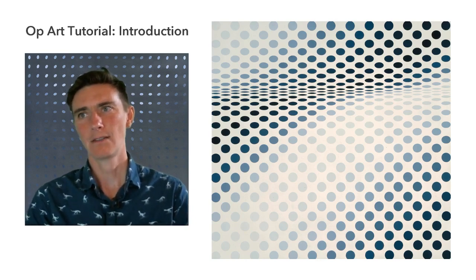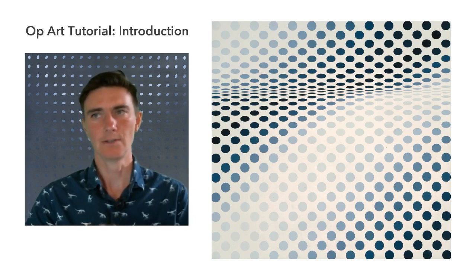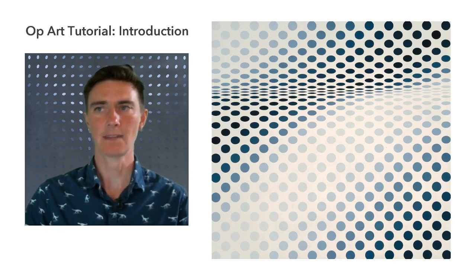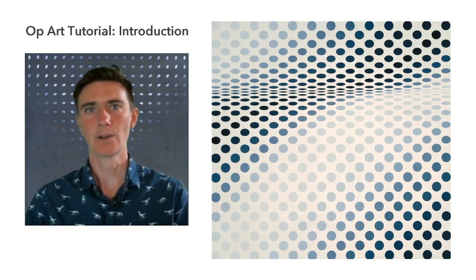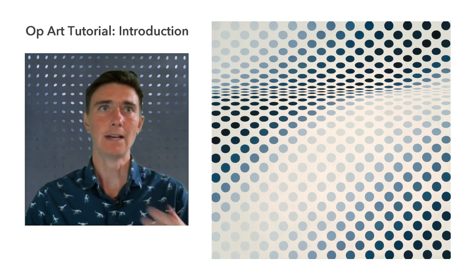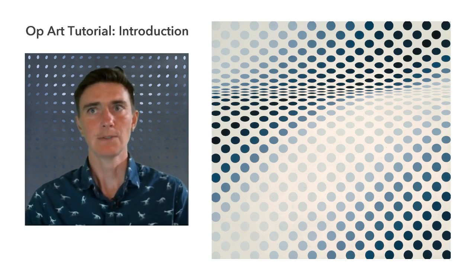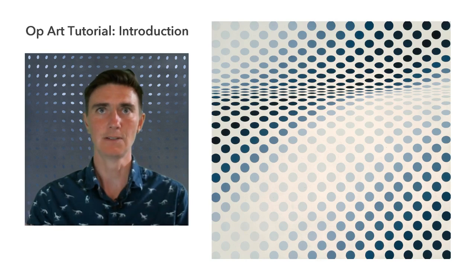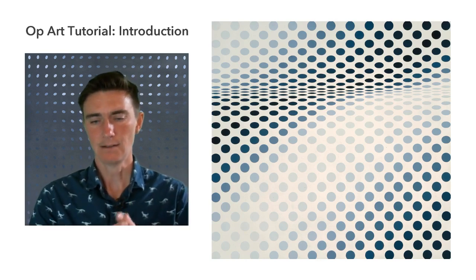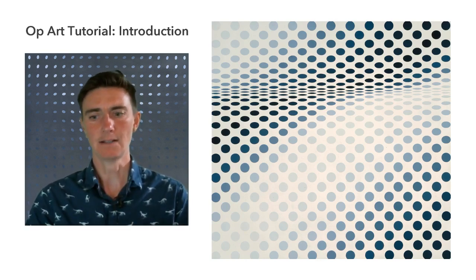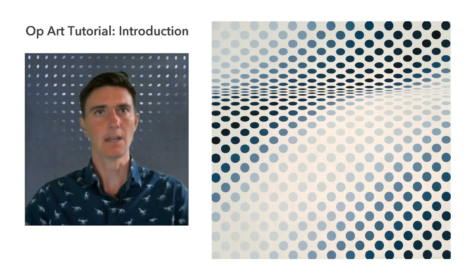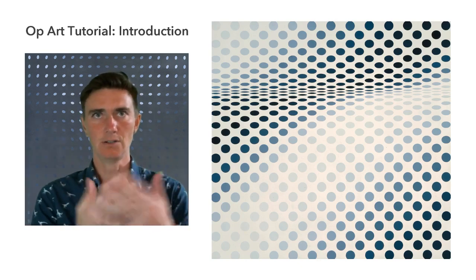But the biggest reason we're using Illustrator for this project and for working with op art is because Illustrator allows you to create very specific measurements. It allows you to create shapes that have specific measurements, and to align shapes based on their position within the canvas and also their position relative to one another.